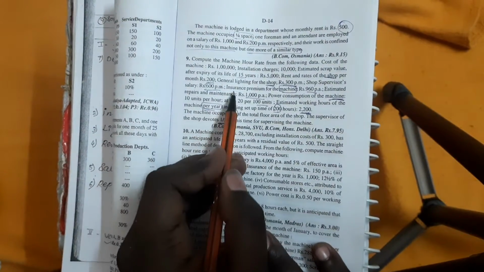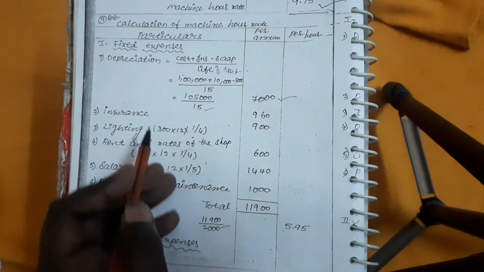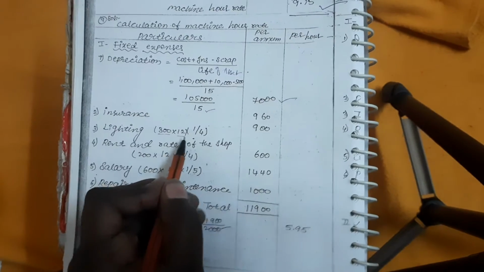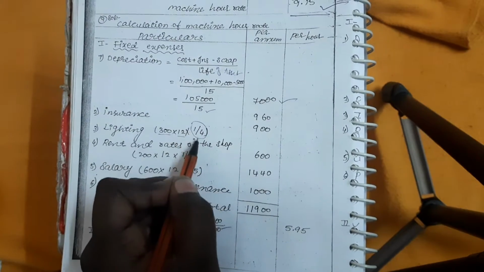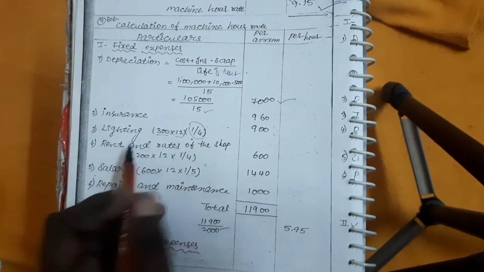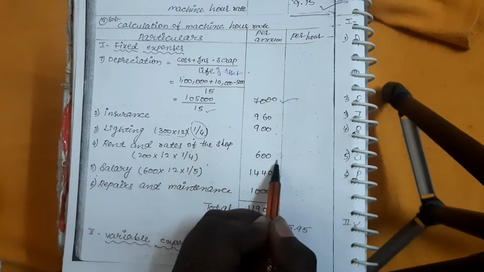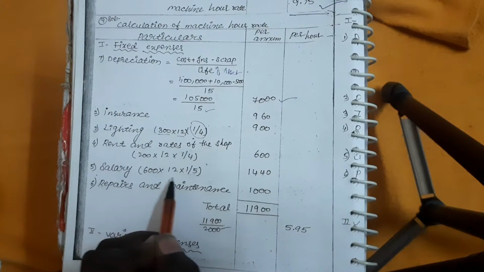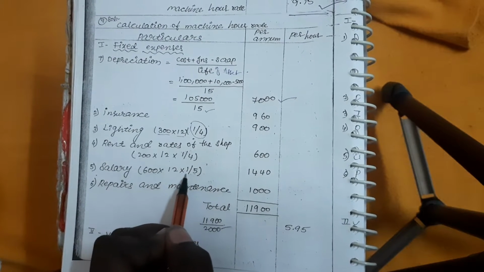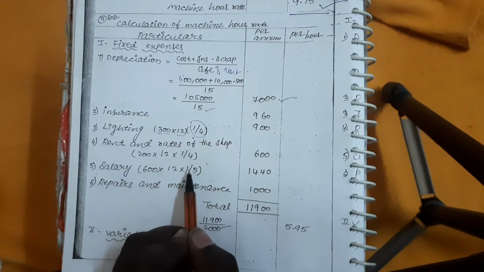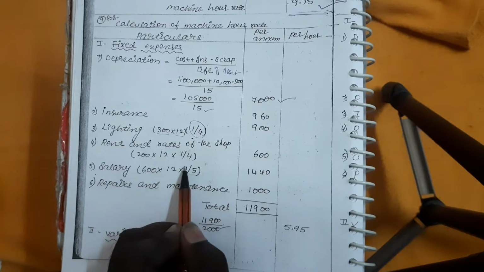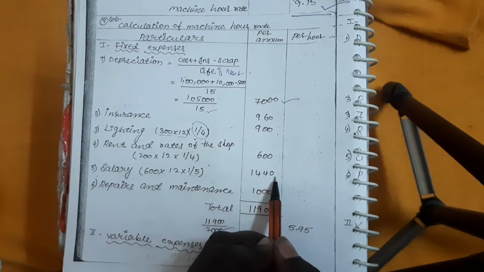Insurance he has given for the machinery only, it is 960. Lighting, 300 per month into 12, and it is occupying only 1/4 area, so into 1/4, it is 900. Rent, same, 200 into 12 into 1/4, 600. Salary 600 into 12, and the supervisor is devoting only 1/5 of his time, so it is 1400.